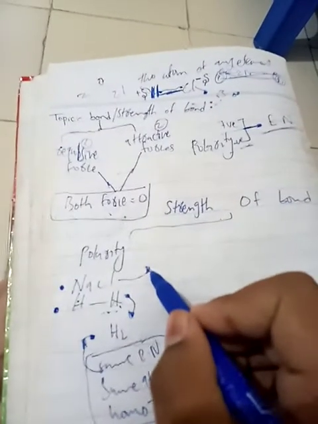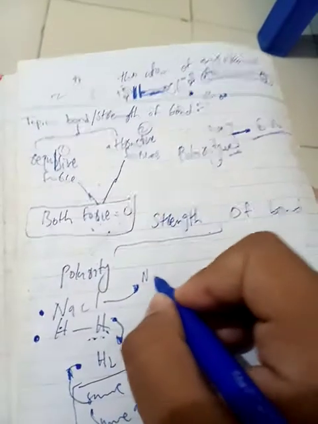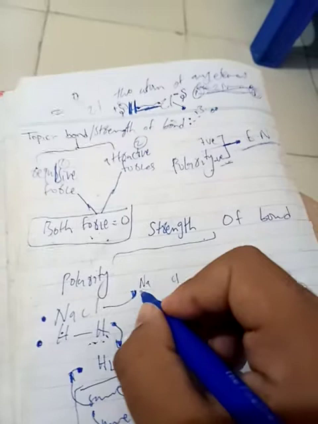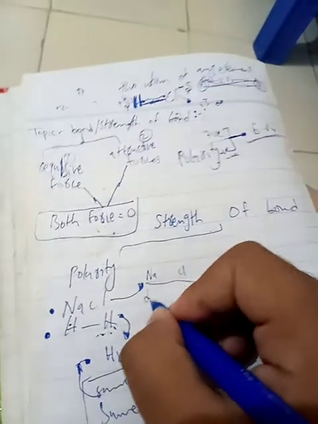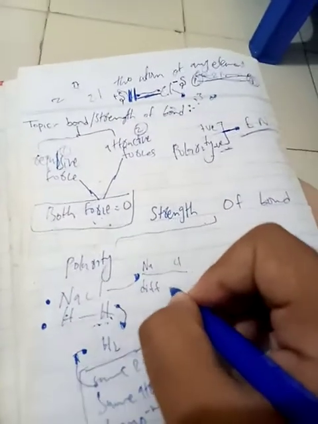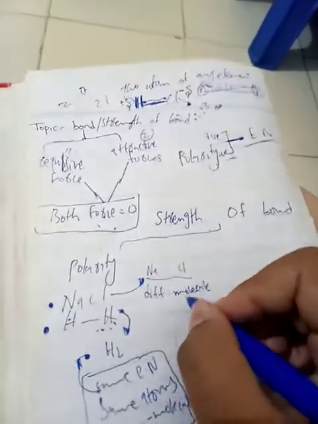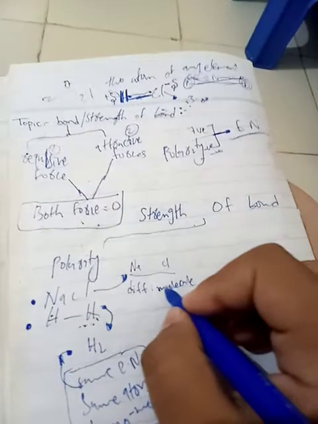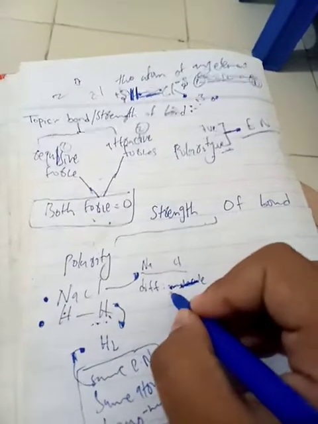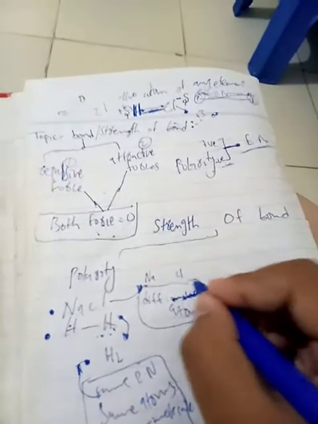So how NaCl will produce charges is something like this. In NaCl, first of all, they are different atoms, I shouldn't say different molecules, I have to say different atoms. That is why they have different electronegativity, both are dissimilar to each other.